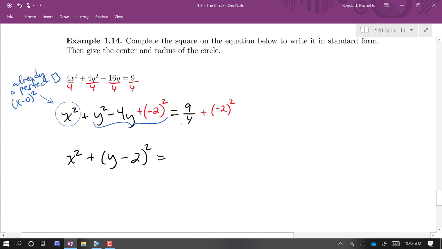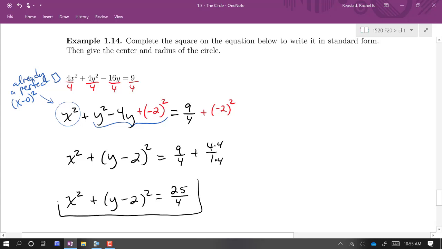And then on this side I need to do some arithmetic, so I've got 9/4 plus 4 over 1, get a common denominator of 4. 16 plus 9 is 25. 25/4 on that side. So there's the standard form.